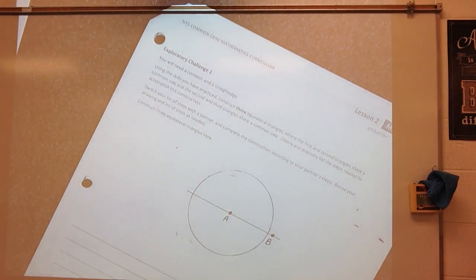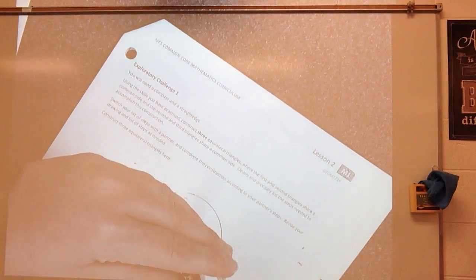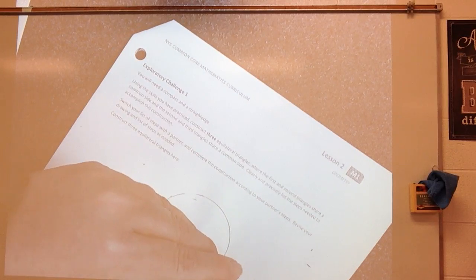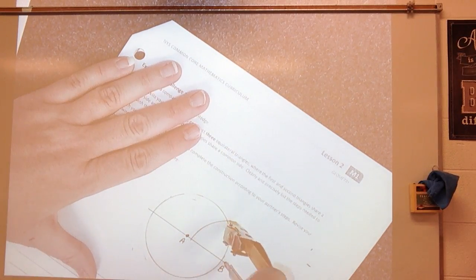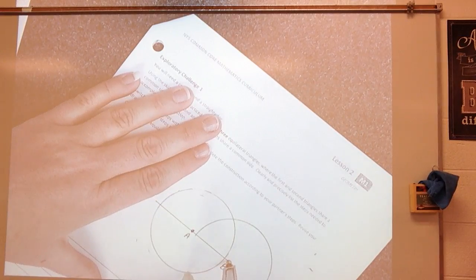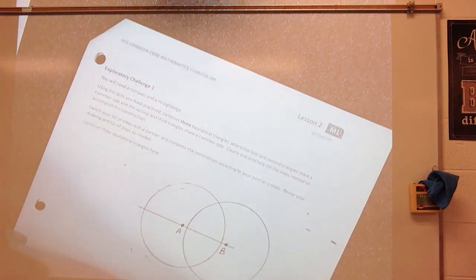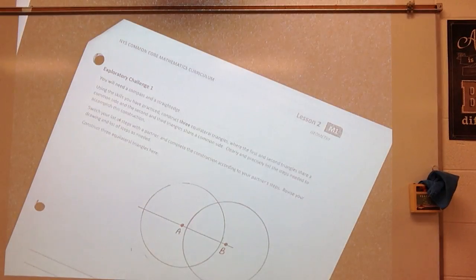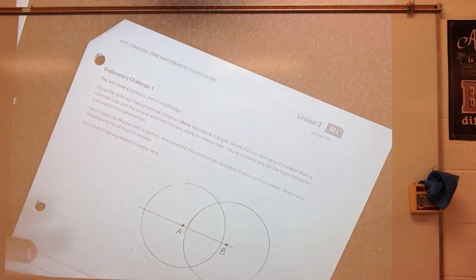Now I'm going to draw a circle with the center B. Alright, there we go. Label one intersection as C. Notice my circles intersect.